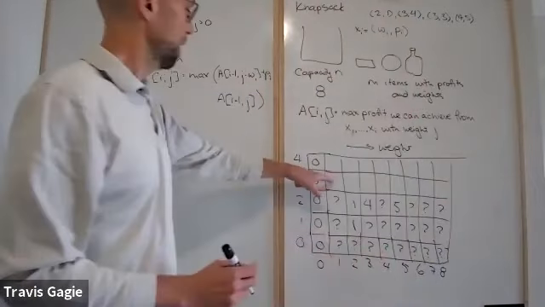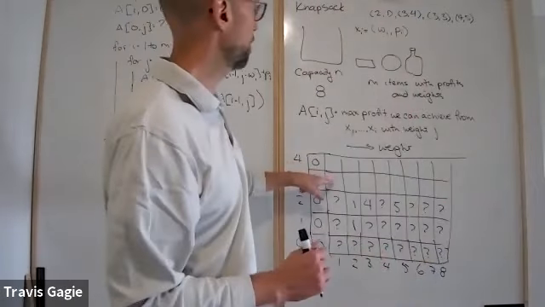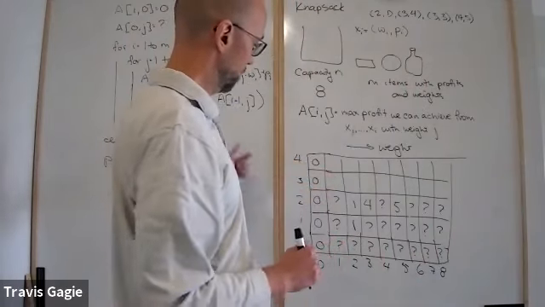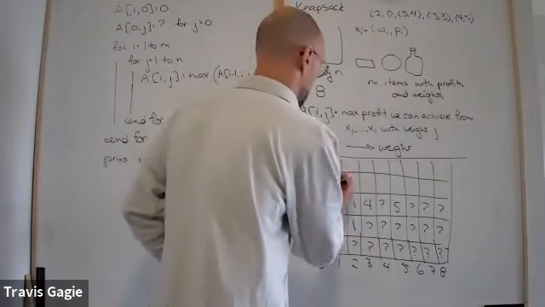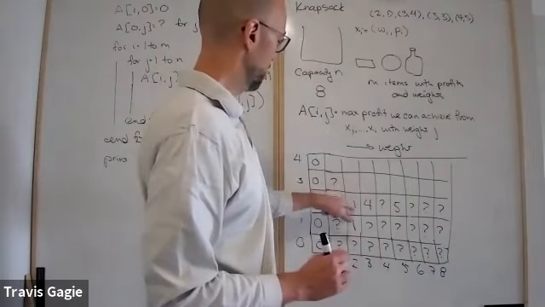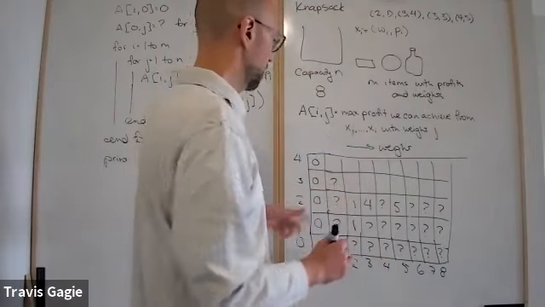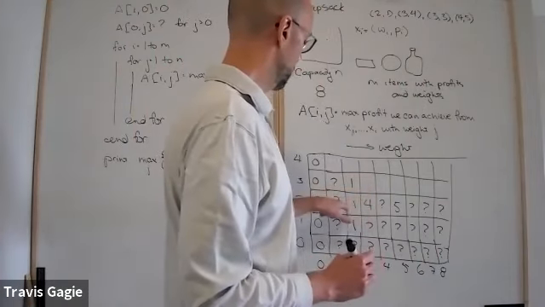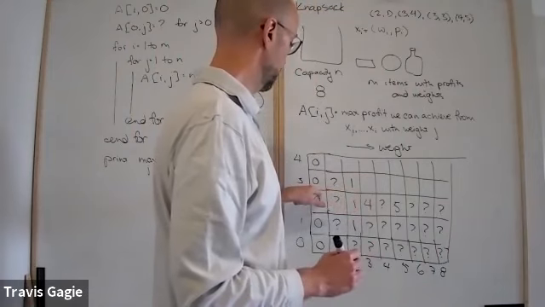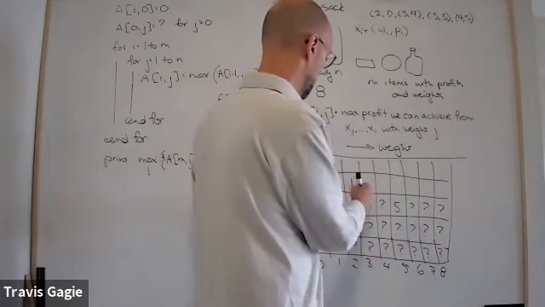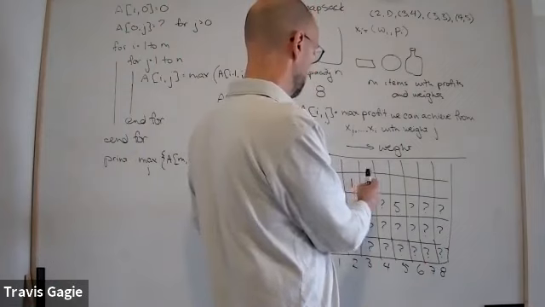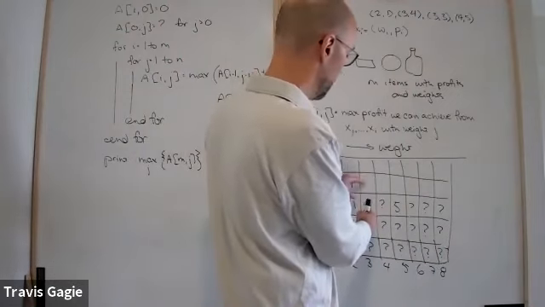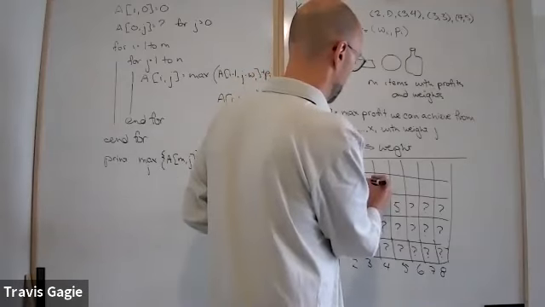Okay. Here, for 3, it's down, then over 3 is off the side of the matrix, just down, it's undefined. Here it's off the matrix, but down is 1, so it's 1. Here it's down and over, 0 plus 3 is 3, or we look down and we see a 4, the max is a 4.